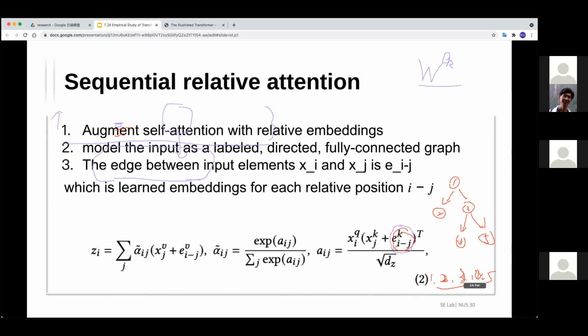Now how do we calculate E_{ij}? He considered that the second and the third node have an edge. So how to compute the edge? He just used these two node embeddings, passed them through a weight matrix, and got the final E. Yeah, it is actually learned, right? It is learned.